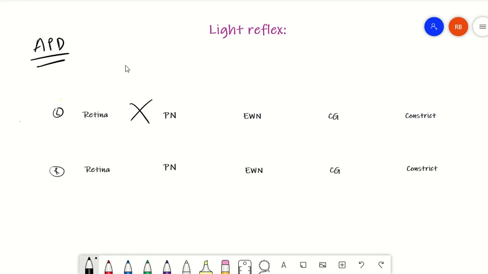And that can be caused by numerous things. It could be a retinal artery occlusion, it could be a retinal detachment, amongst other things. Now, the next thing we're going to look at is what we call the relative afferent pupillary defect, or RAPD.